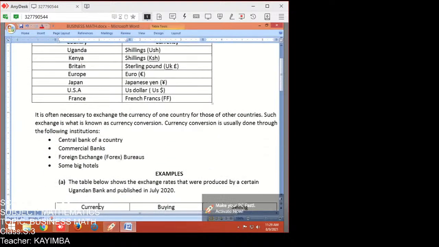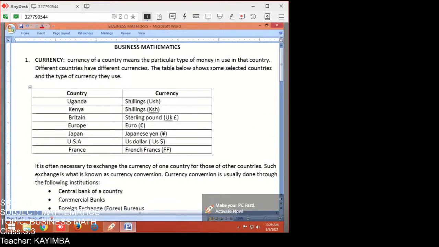They are telling us that currency. So we are going to start with foreign exchange or exchange. We are going to start with exchange rates, okay? And you can see the word currency on your screen.